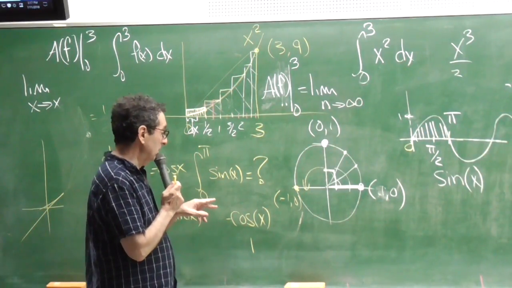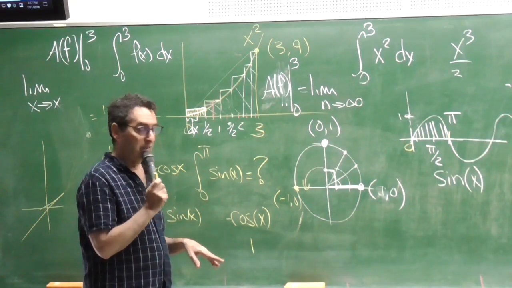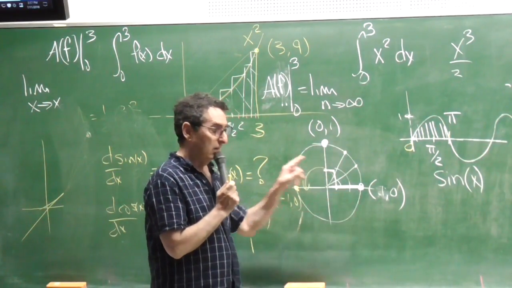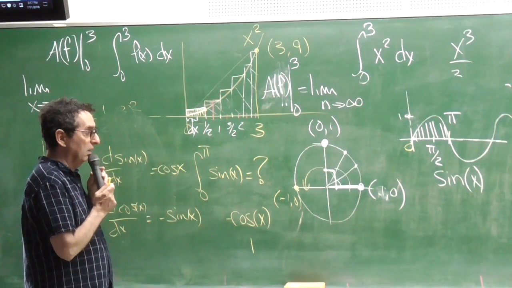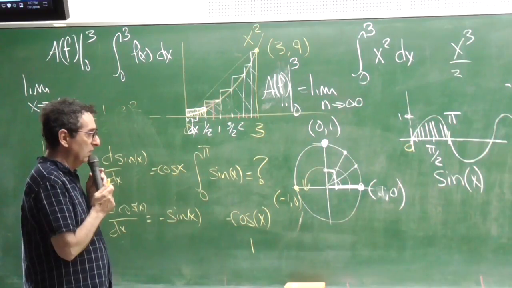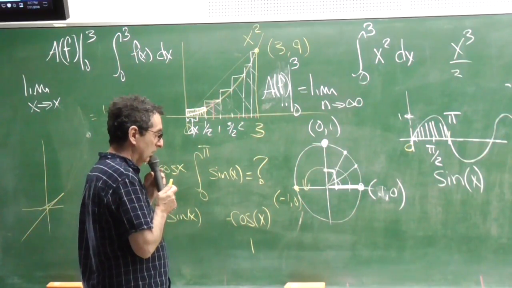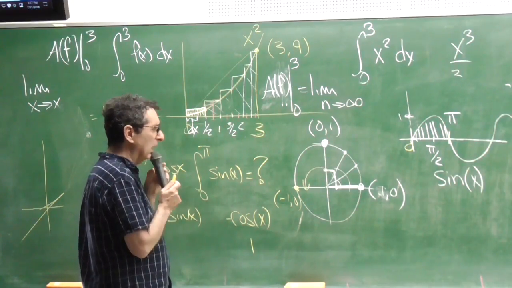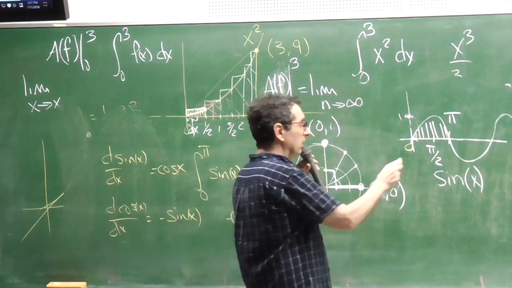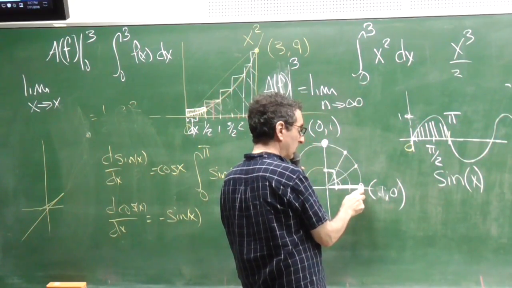Okay, and then what do I have to do? Put in 0 into negative cosine. So 0 is where? There. It didn't work. Did I do something wrong? Let's see. Did I draw this wrong? The sine starts at, sine of 0 is 0.